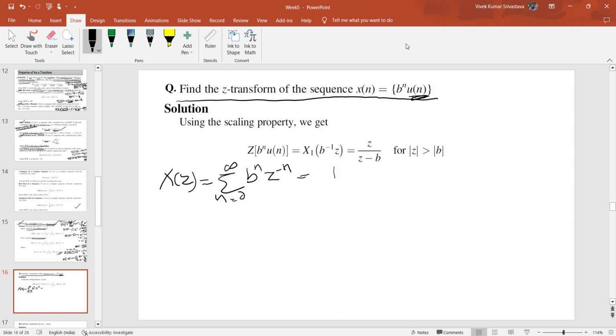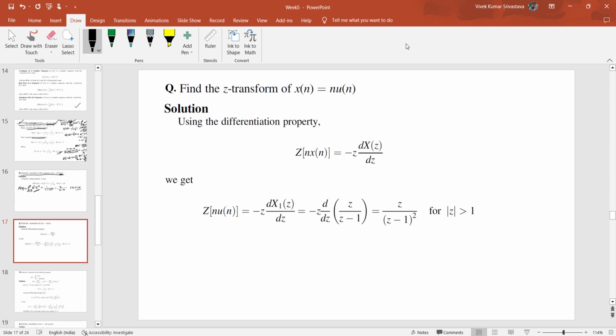Once you evaluate you will get 1 over 1 minus b z inverse, which is z over z minus b. And as this sequence is a right sided sequence, mod of z will be greater than mod of b. So that's how you can evaluate the Z transform.